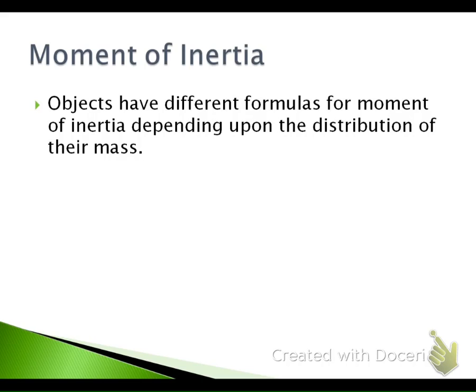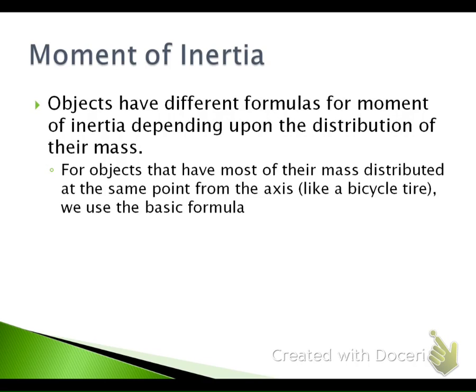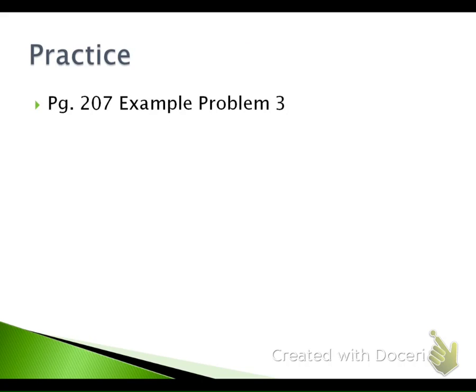Whereas a weight would have even distribution of mass throughout the entire thing. We're going to use the basic formula, I equals m times r squared, for things that have their mass distributed around that radius point, around the edge of the exterior. And then we're going to look at the different moment of inertia equations in this table. Go ahead and turn to that.